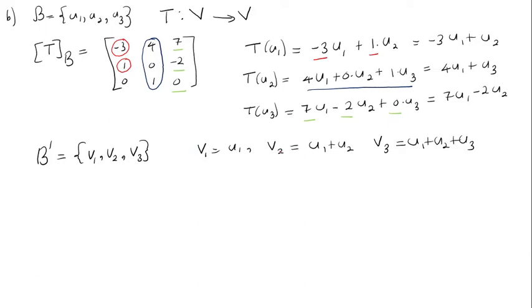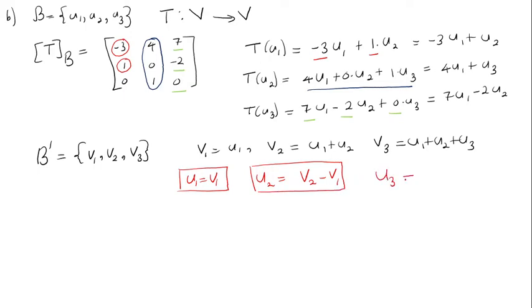From this I can find u1, u2 and u3 in terms of v1, v2 and v3. So u1 is equal to v1, that is easy, and u2 will be v2 minus v1, and u3 will be v3 minus v2.